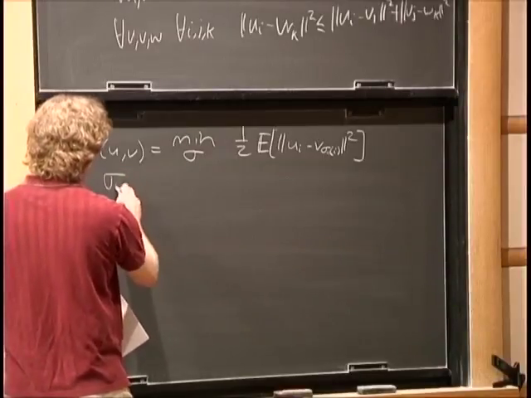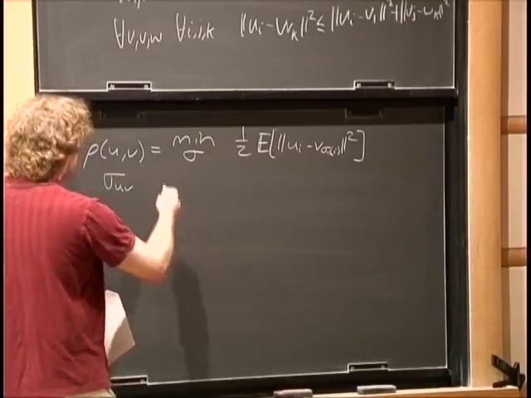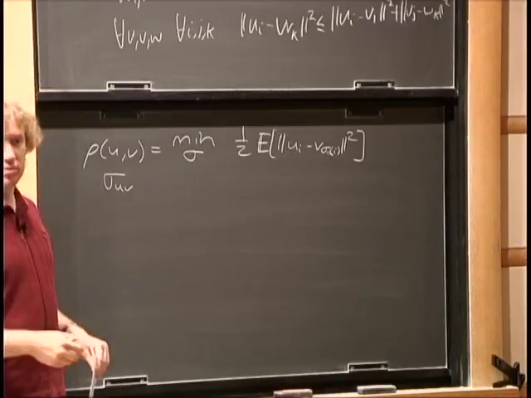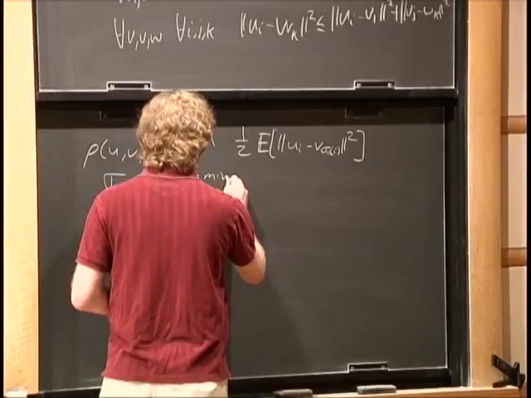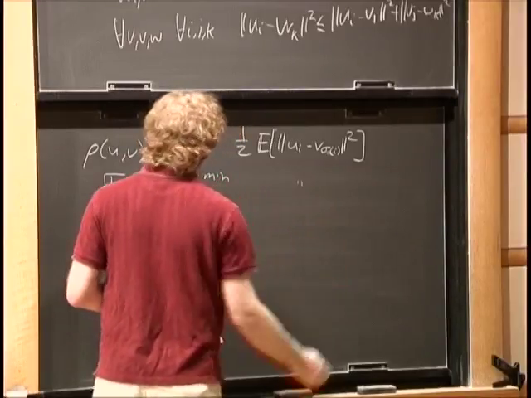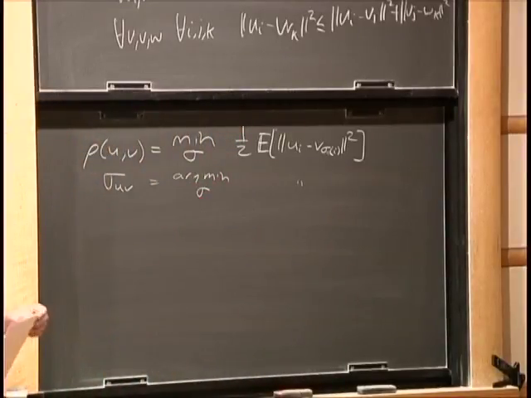And then we say sigma uv is the minimizing permutation of this same thing.